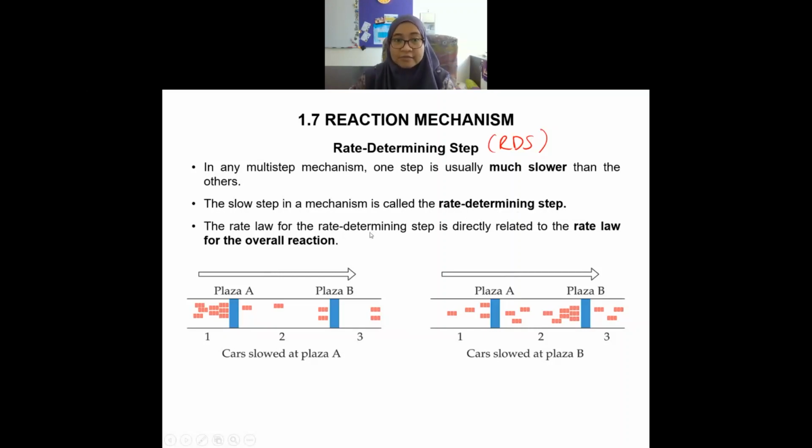It is usually directly related to the rate law for the overall reaction. Because it is the slowest, it determines the rate of the whole reaction. Whether the reaction progresses faster or slower depends on this slowest step.